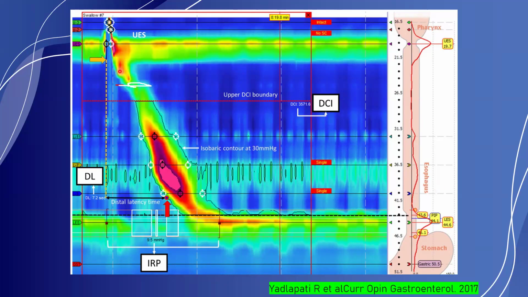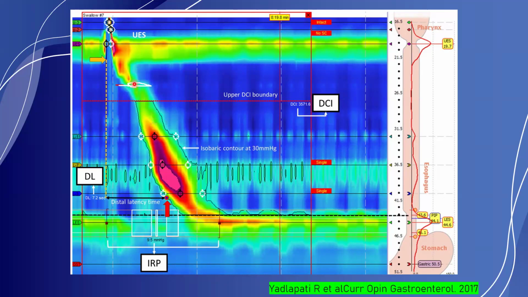From here, there will be peristalsis, and the wave is propagating down to the lower esophageal sphincter. So from the upper esophageal sphincter, when it travels down, there will be the distal contractile integral, which is the quantification of esophageal contraction.